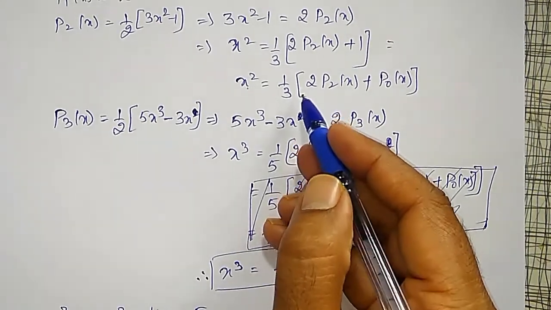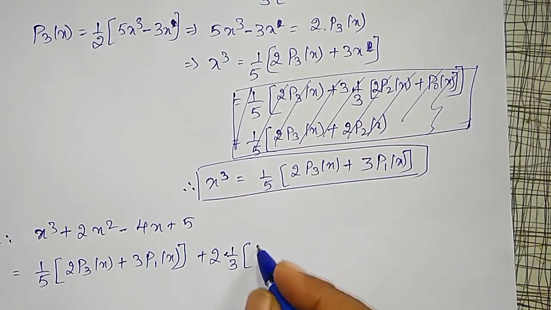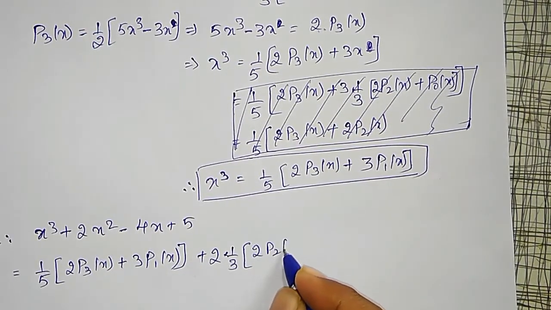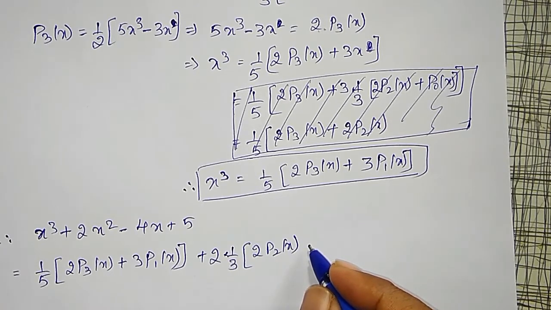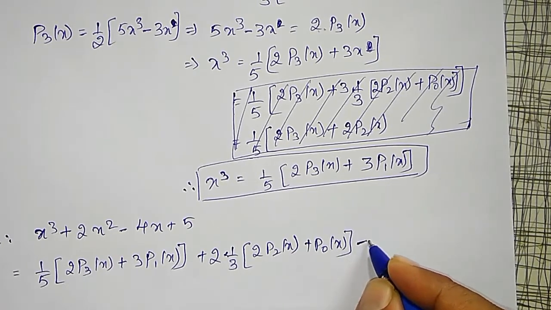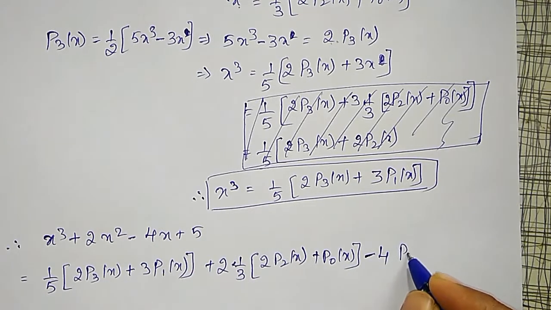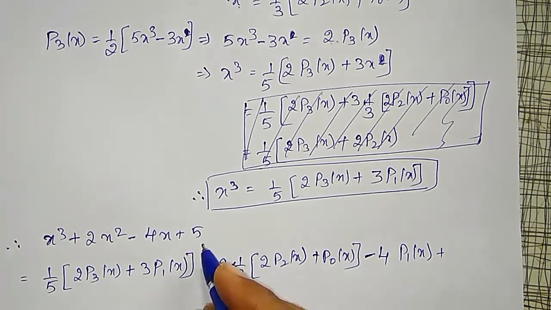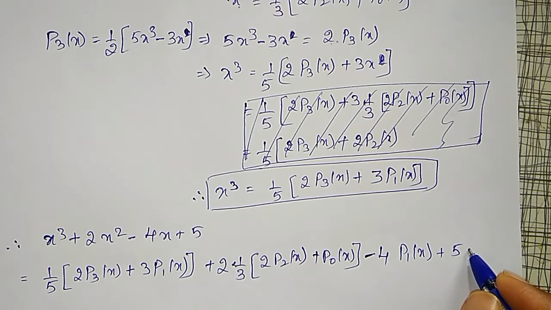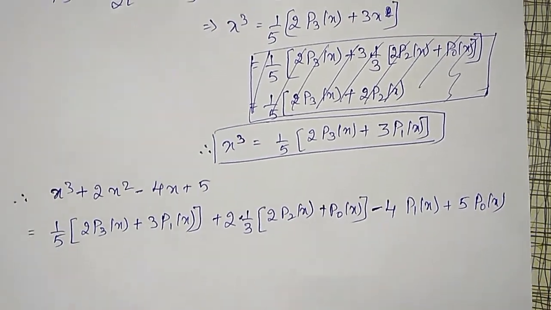X square I will replace by 1 by 3 times (2 times P2 of x plus P0 of x), minus 4 times x, where x is nothing but P1 of x, plus 5 times 1, which I can write as 5 times P0 of x.